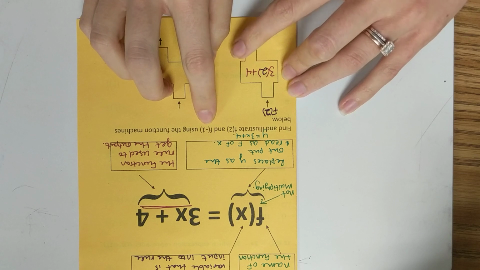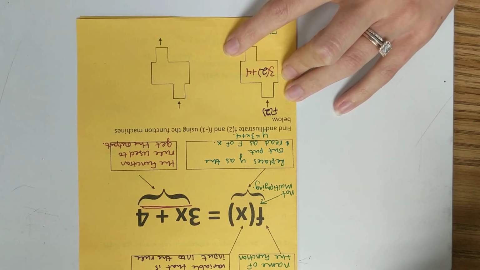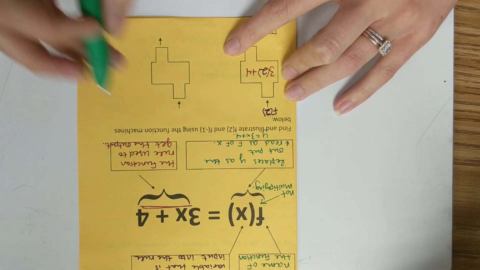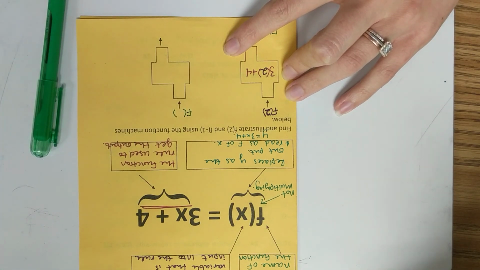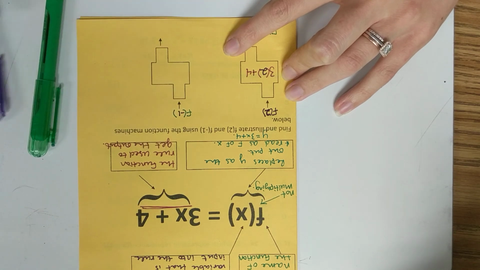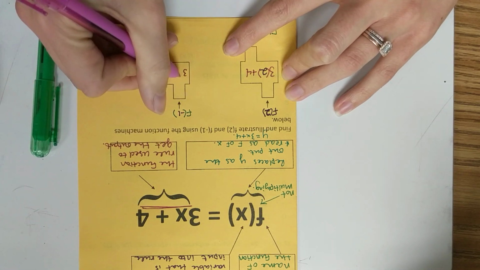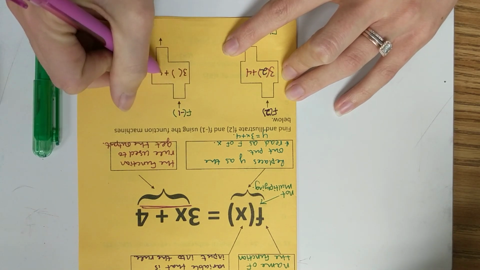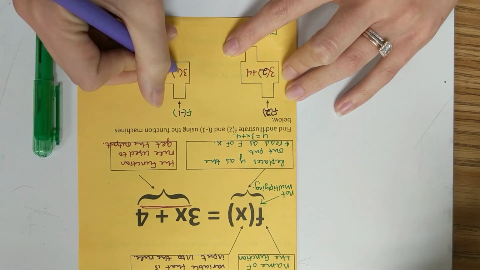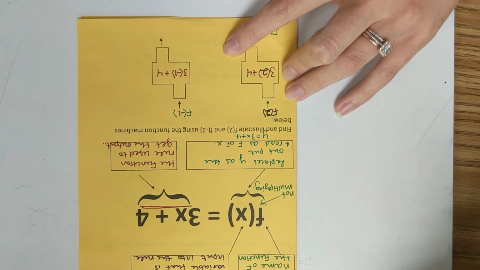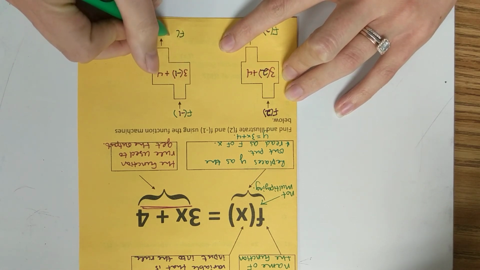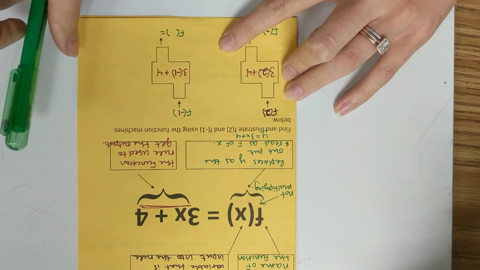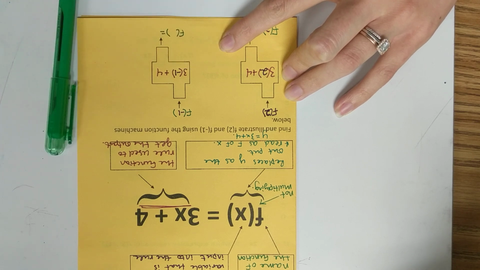So then this one is f of negative 1. So what that means is that I'm going to input negative 1 into my rule. So it was 3 times x, which is now negative 1. And then I get out, 3 times negative 1 is negative 3, plus 4 is 1.